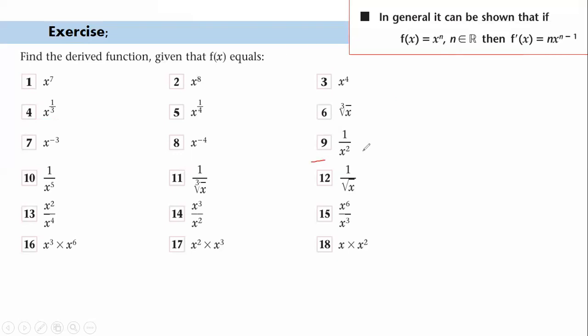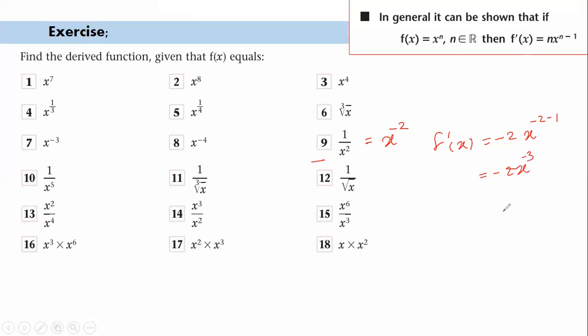Similarly, question 9, 1 over x to the power 2. It's much more convenient if you first simplify it to the form x to the power n, which is x to the power minus 2. Now we can find its derivative f dash x as minus 2 times x to the power minus 2 minus 1, which gives us minus 2 x to the power minus 3.